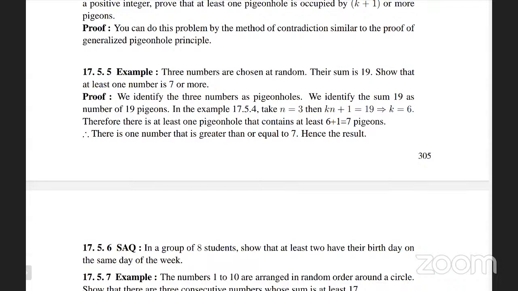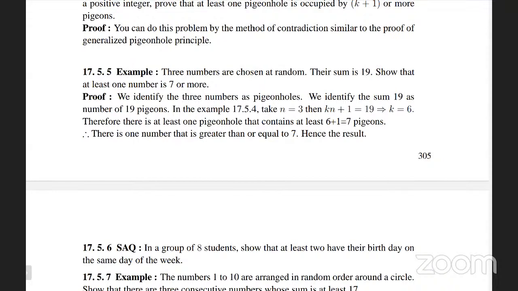17.5. Okay. So the example: three numbers are chosen at random. Their sum is 19. Show that at least one number is 7 or more. We identify the 3 numbers as the pigeonholes. We identify the sum 19 as the number of pigeons. Take kn plus 1, with n equal to 3.